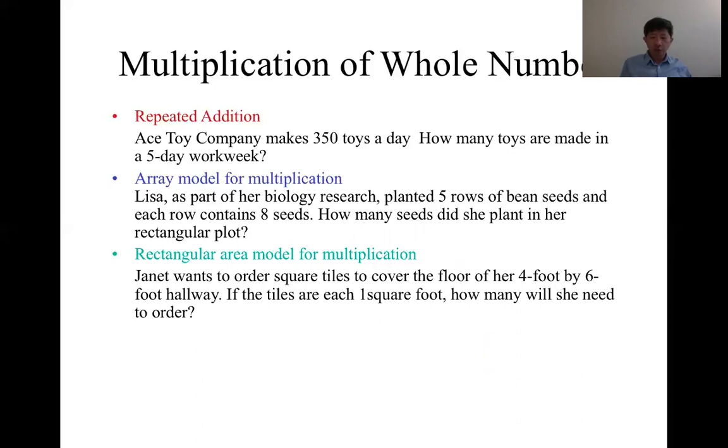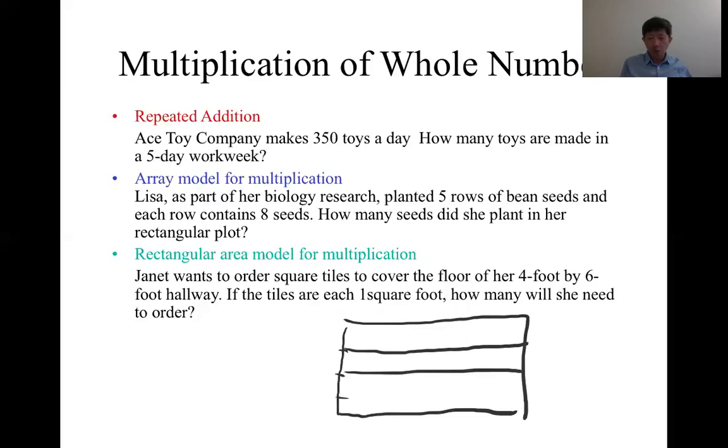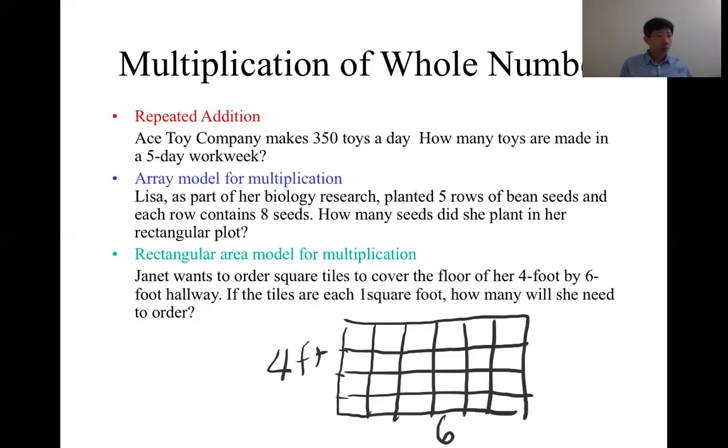So we have 4 by how many? By 6. So 4 foot by 6 foot. All right, so therefore, we take 4 times 6, which is equal to 24.